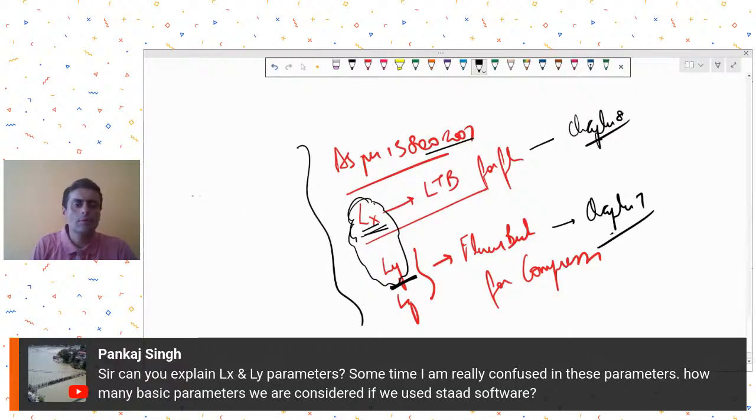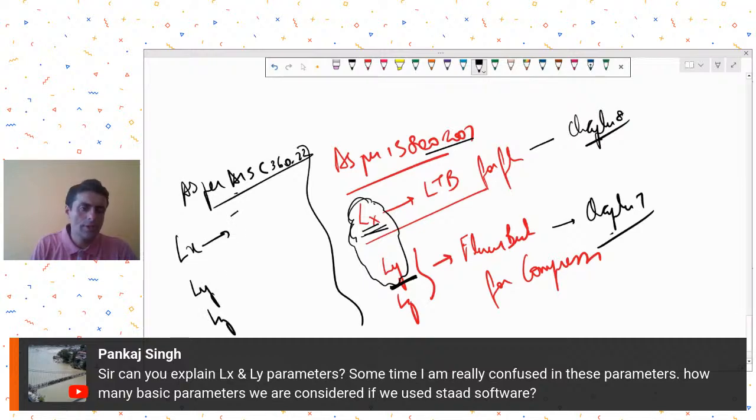Okay. And because we have been conducting a course on AISC steel design as well, we have understood a few things now related to AISC. So in AISC code, your LX parameter is used for the torsional buckling for compression calculations. LY, LZ are used for flexural buckling for compression calculations.